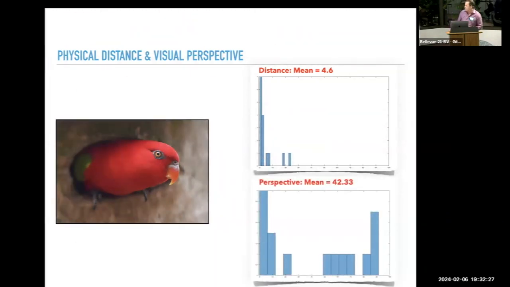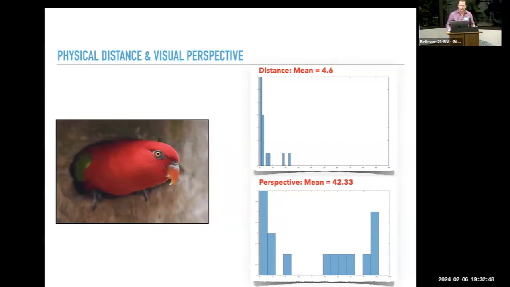It's more of a bimodal distribution, where some people are like, nope, definitely first-person perspective, no question about it. Other people are in the middle, and then a bunch of people on the right are like, no, I feel more third person. So there are some weird, wonky things going on with these really close-up images.